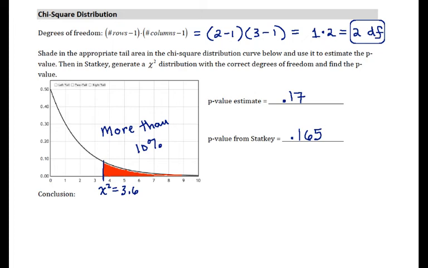In both cases, we would fail to reject at any reasonable level, because we would fail to reject even at the 0.1 level. And so we would say that we do not have statistically significant evidence of an association between astrology and degree held.